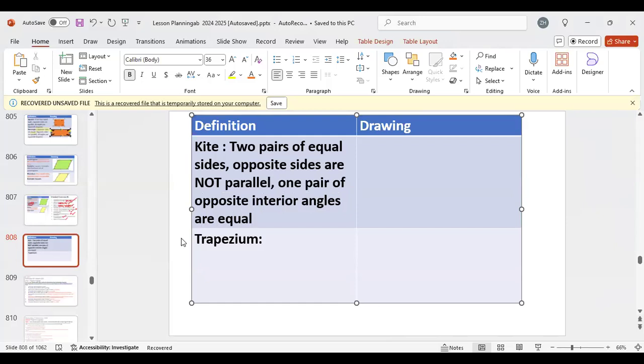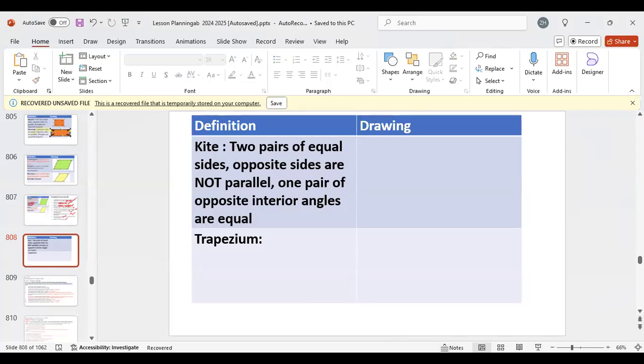So let's look at the kite. Let's evaluate the kite. The kite looks like this. This is the kite.